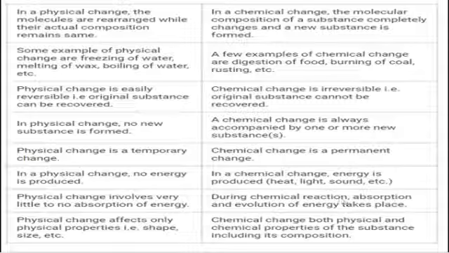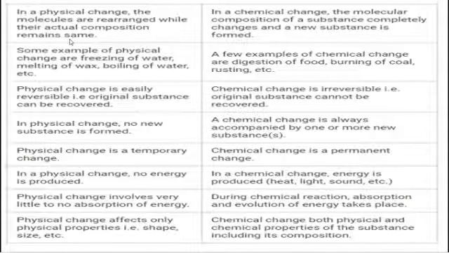During chemical reactions, absorption and evolution of energy takes place. Physical change affects only physical properties, that is, shape, size, etc. A chemical change affects both the physical and chemical properties of the substance, including its composition.